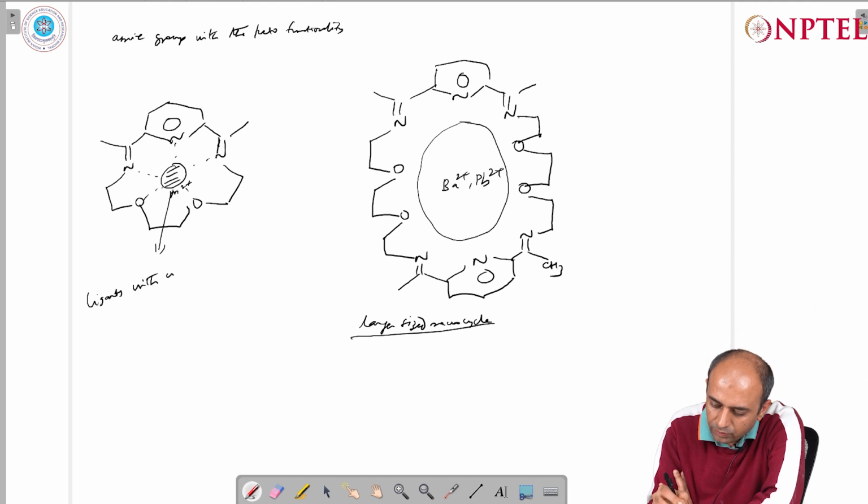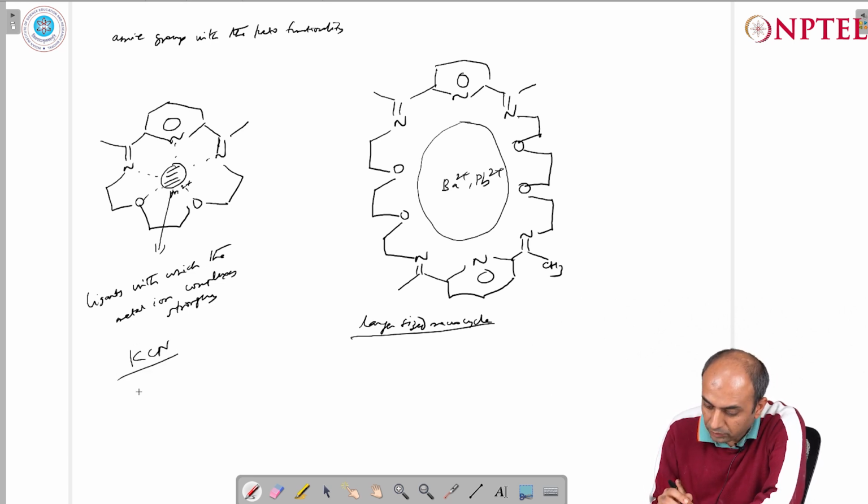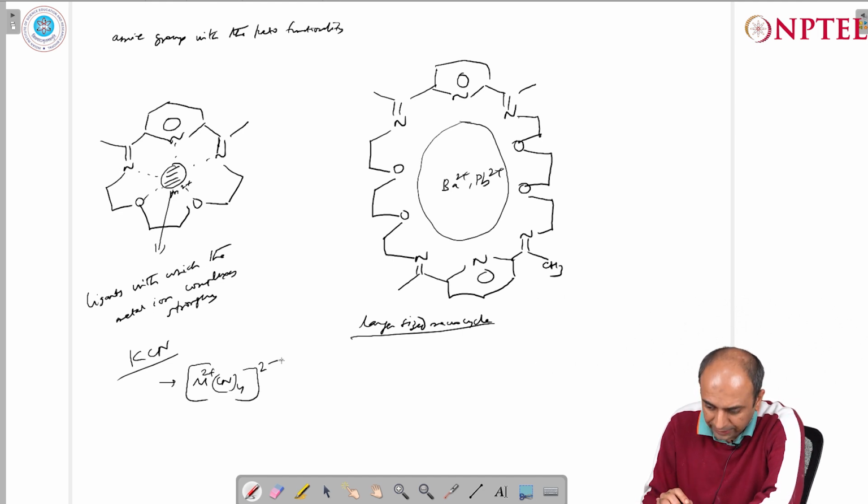with which the metal ion complexes strongly. For example, we can take KCl, and the cyanide ion complexes with the divalent metal cations very strongly to form this kind of species.